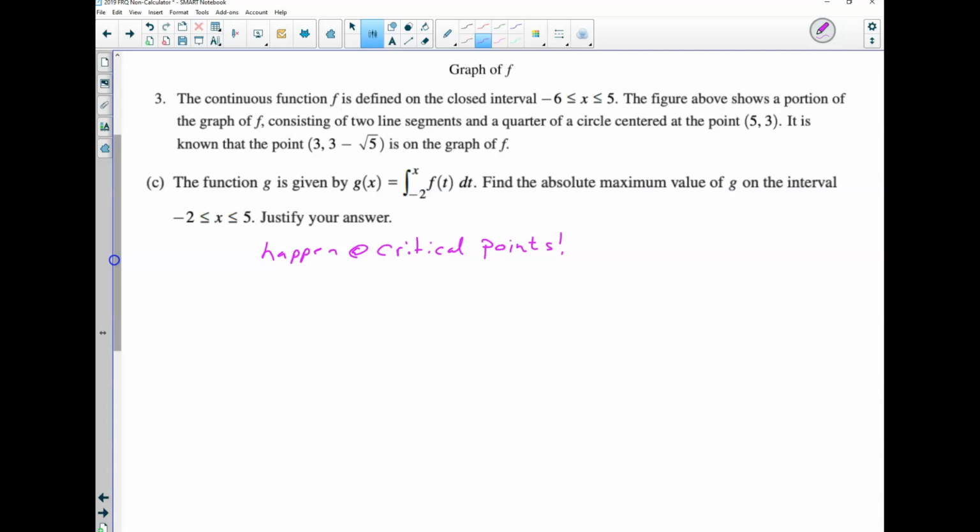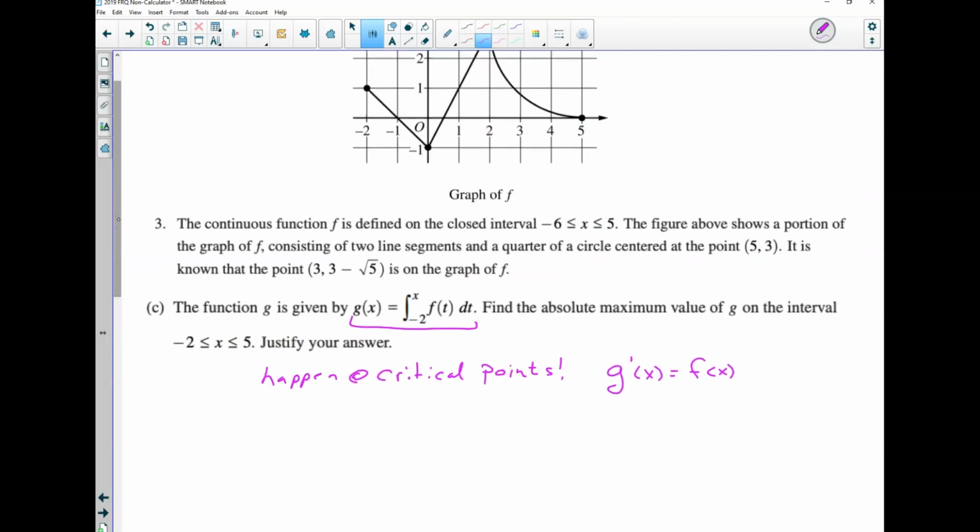And I know my critical points, my function defined as an integral, I know g prime of x is going to actually equal f of x by the first fundamental theorem. So I come up and I look and I say graph of f, that actually equals g prime.